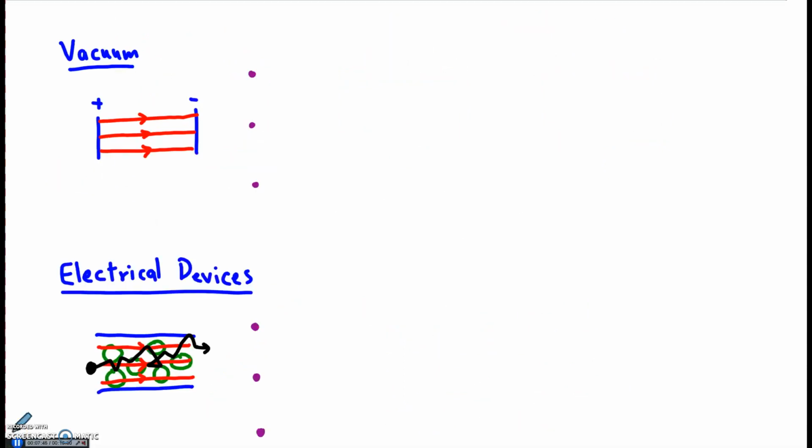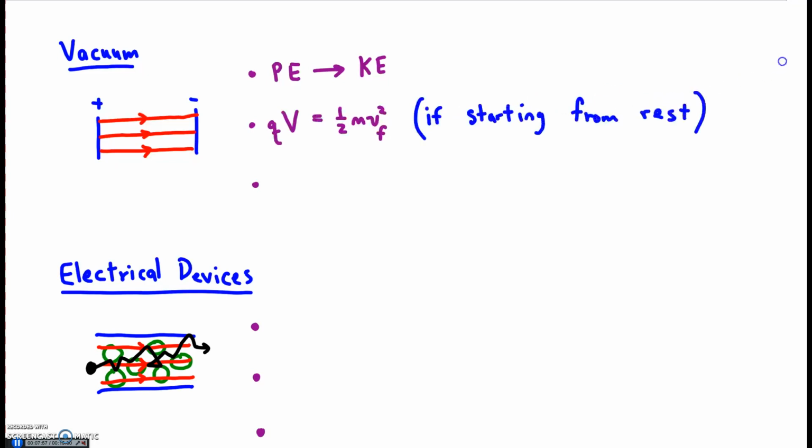Let's summarize what we've learned and make an outline. If charges accelerate across a vacuum, their potential energy is converted to kinetic energy. The potential energy is equal to Q times the potential difference, and the change in kinetic energy is 1/2 m v_f squared if we start from rest.